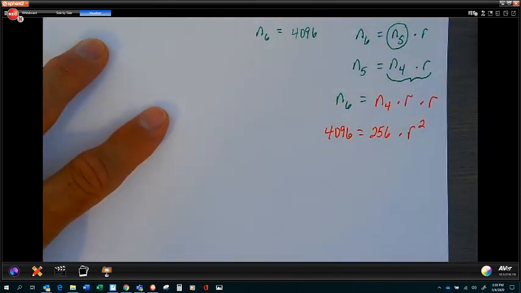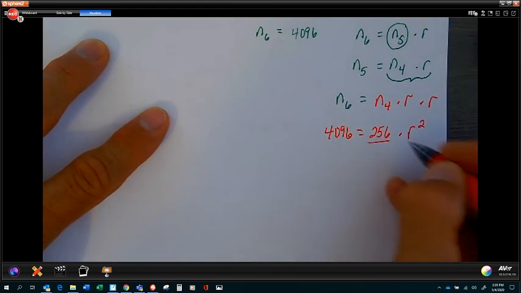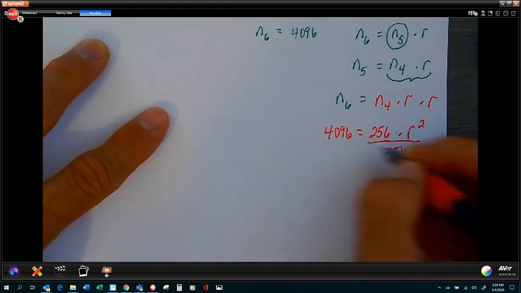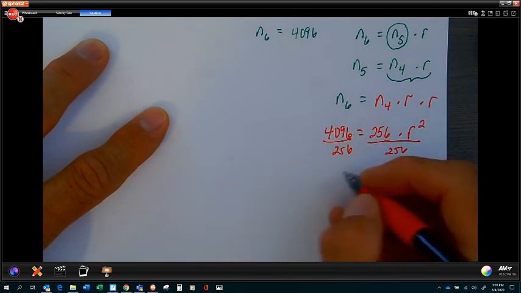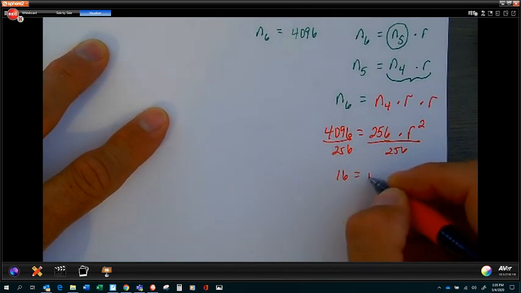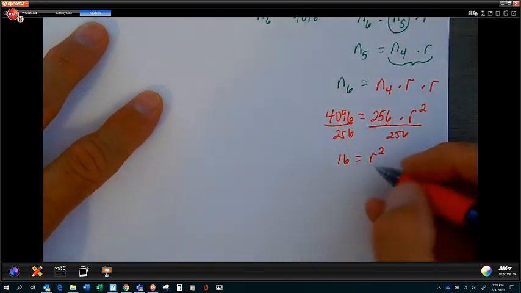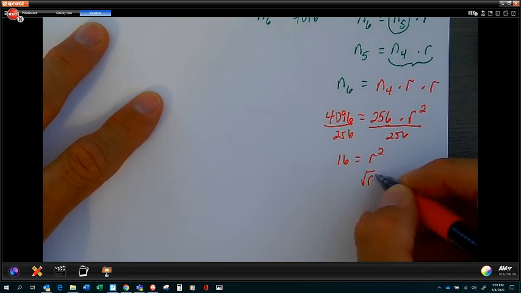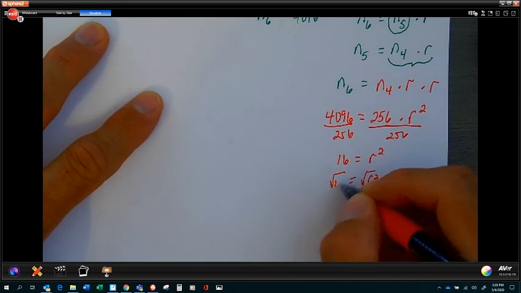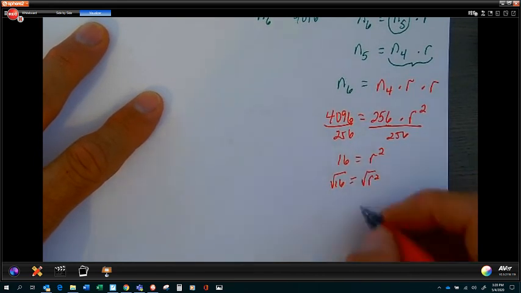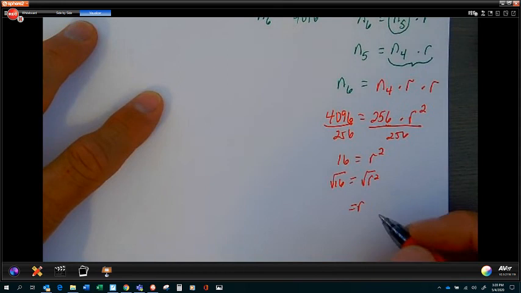I take 4096 and divide both sides by 256, which equals 16, is equal to r squared. And then I take the square root of both sides, the square root of r squared and the square root of 16, which gives me r equals plus or minus 4.